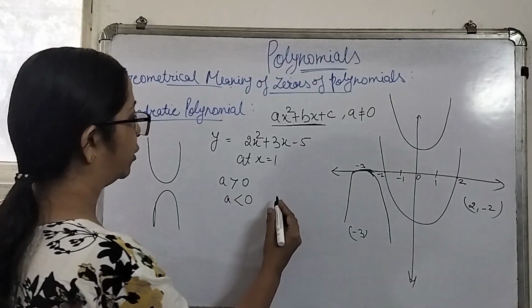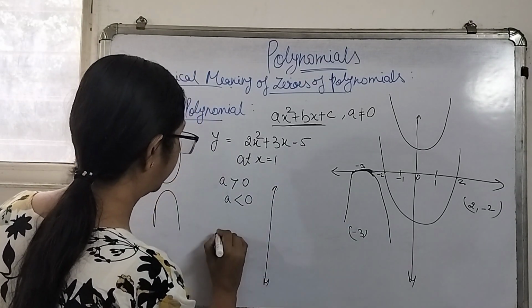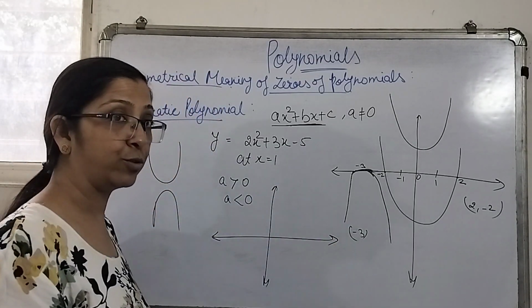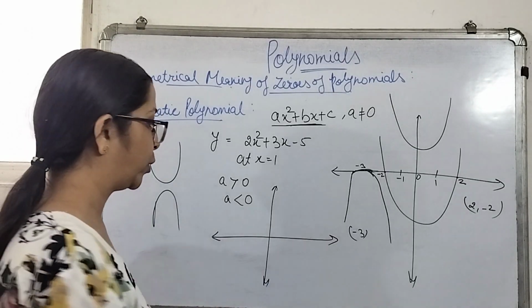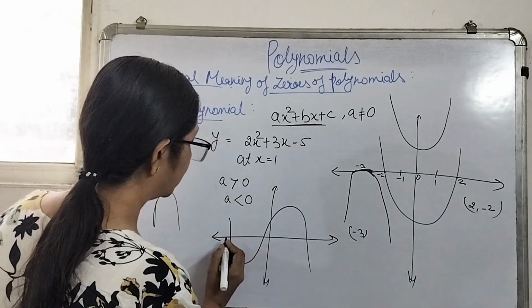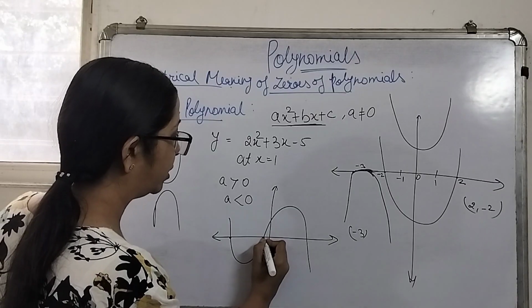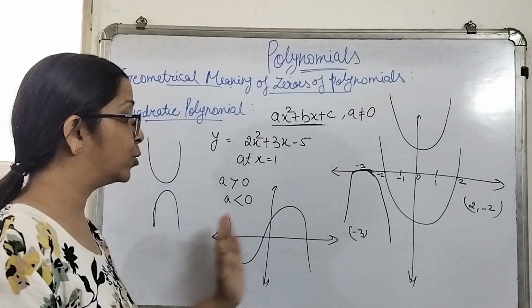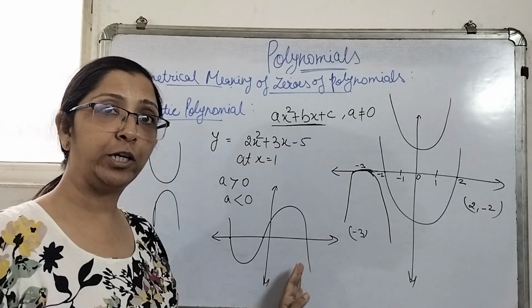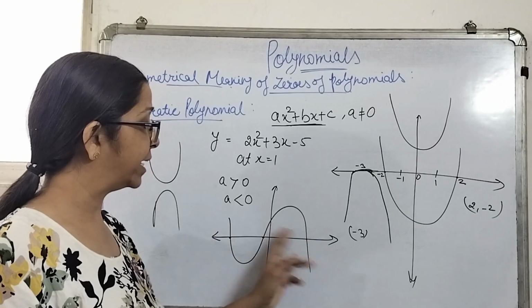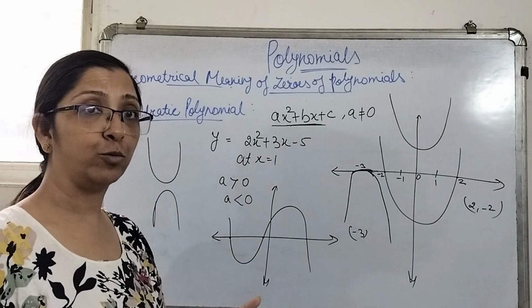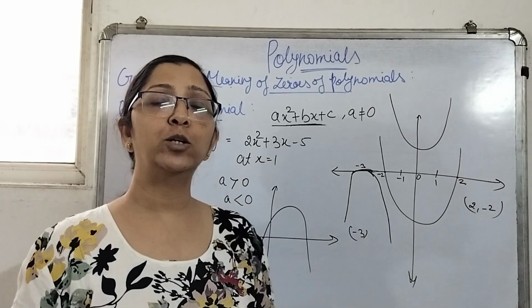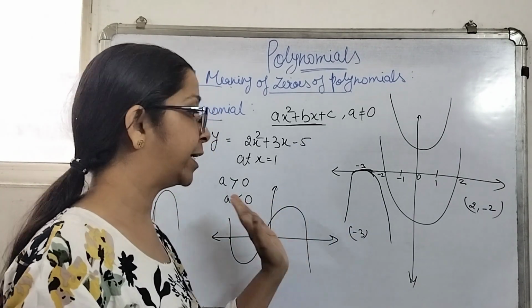For a cubic polynomial, if it has three zeros, the graph is going to intersect the x-axis at three distinct points. It will be like this. So this is one point, this is another point, this is the third point. If it has two zeros, it will intersect the x-axis at 2 points.